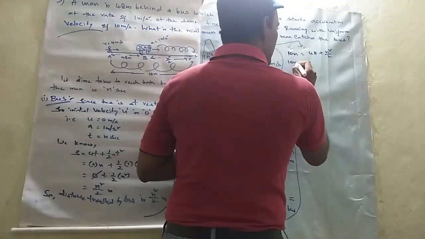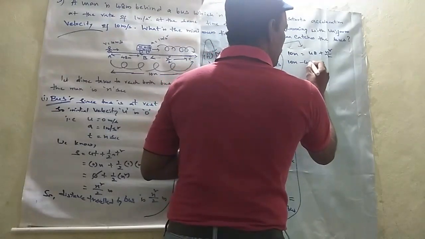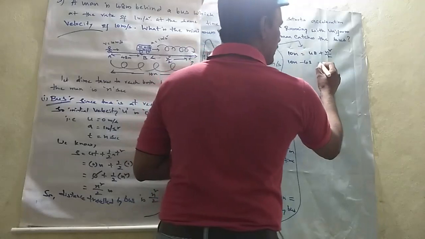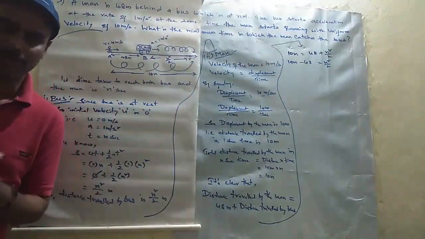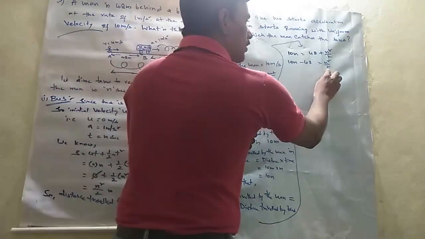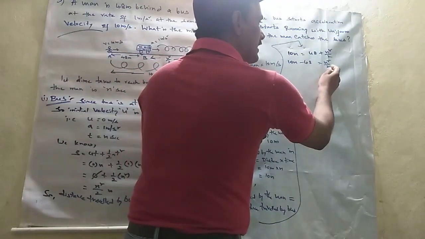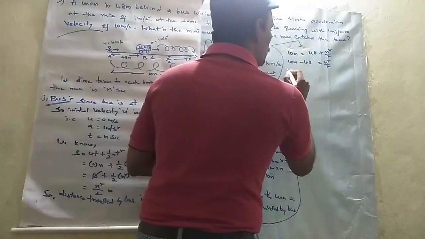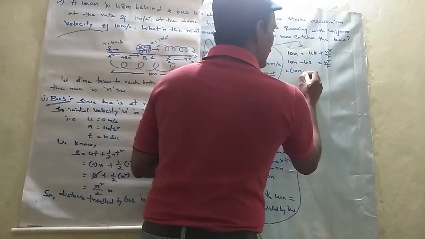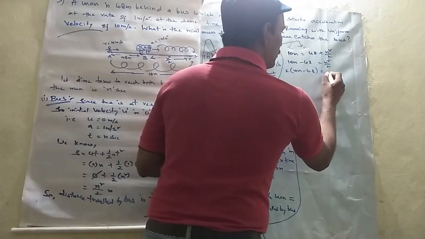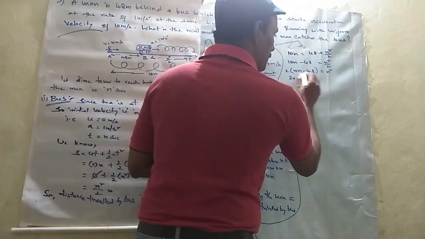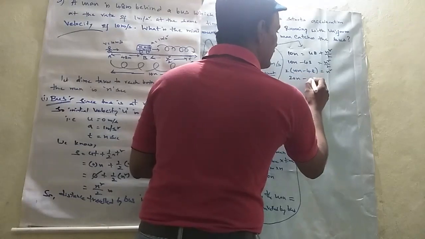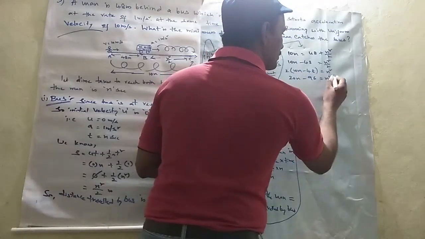If I send this side, plus 48 becomes minus 48, so 10n minus 48 equal to n square by 2. Doubt? No. Now this denominator 2 I'm sending this side. The denominator goes to the numerator, so 2 of (10n minus 48) equal to n square. Opening brackets, 2 times 10n is 20n and 2 times minus 48 is minus 96, equal to n square.